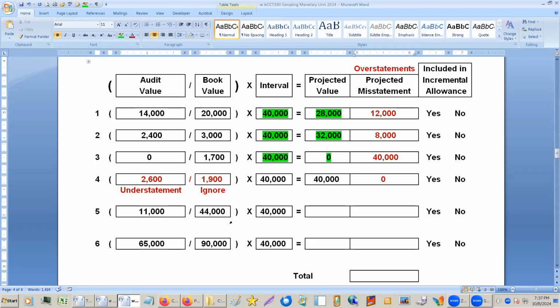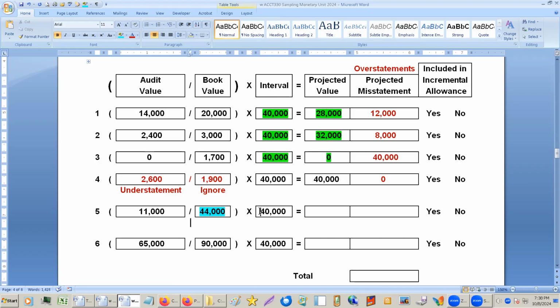Now, here we have a book value that is 44,000. So they have this listed on their books at 44,000. What is significant about that? That is more than our interval?